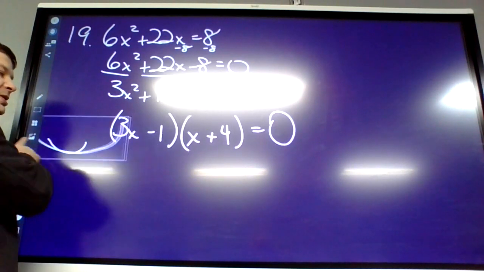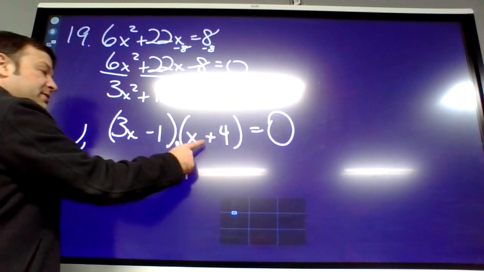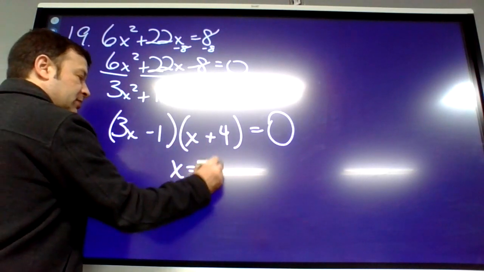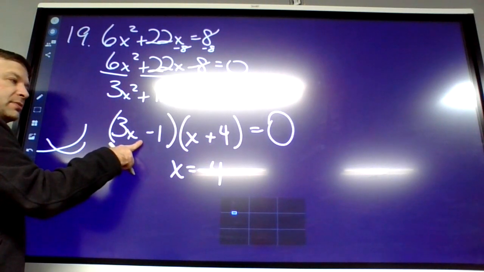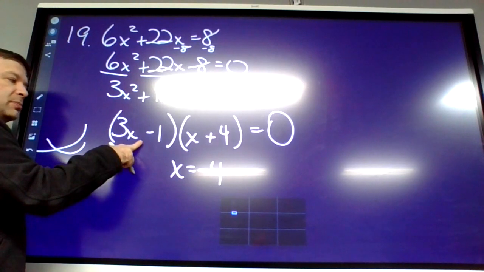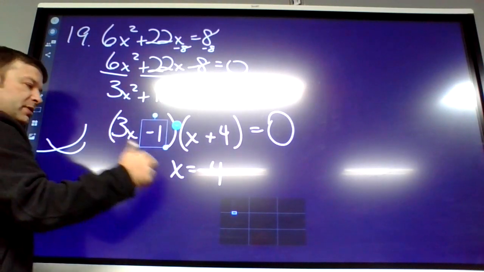Okay, but if that's how it factors, what are the answers? Well, this one's negative 4, but do you guys know what x value would make this equal 0? Right, positive 1/3. Good.